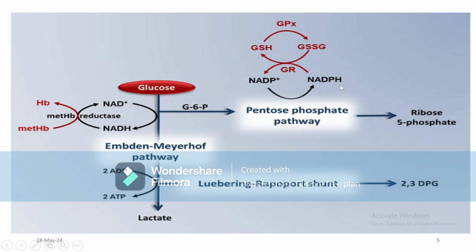And what will NADPH do? There is a molecule we call glutathione. Glutathione is a very important molecule when it comes to the protection of RBCs against oxidant species. But the funny thing is that glutathione is inactive when it is in circulation.